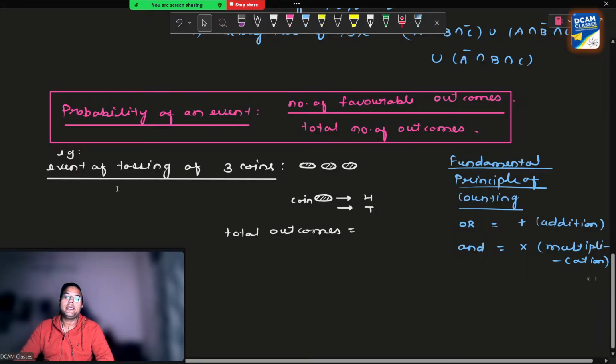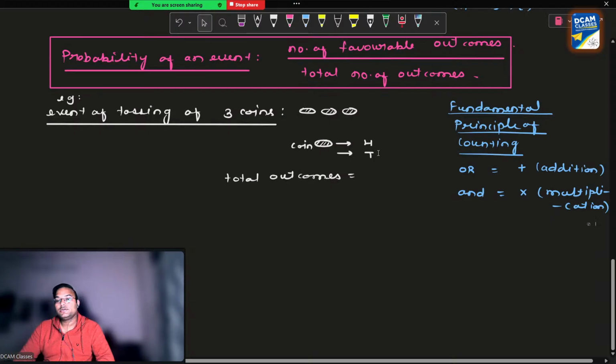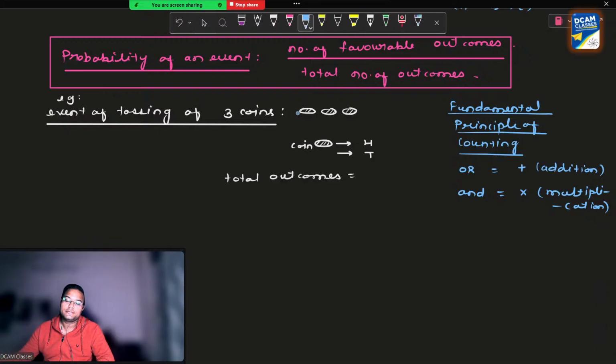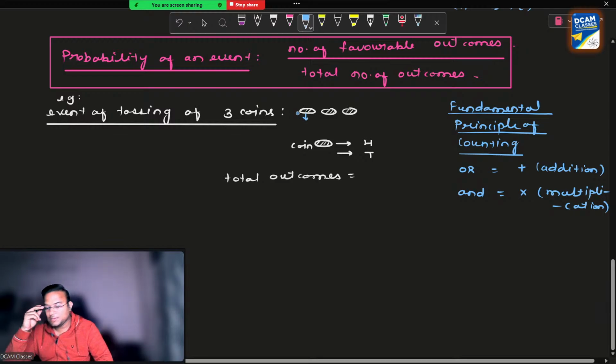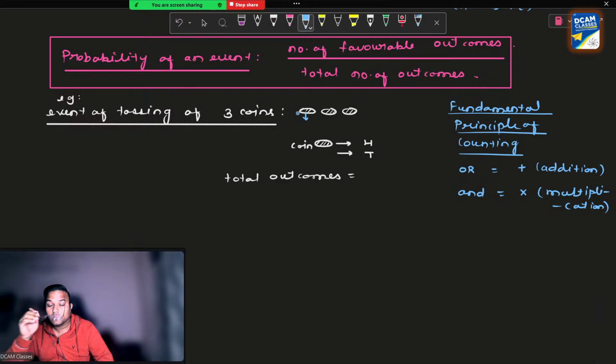Now, when I am saying the event of tossing 3 coins, you want to calculate the total number of outcomes. You already know from permutation and combination that tossing a coin, you may get either head or tail. So how to choose one outcome out of n possible outcomes?